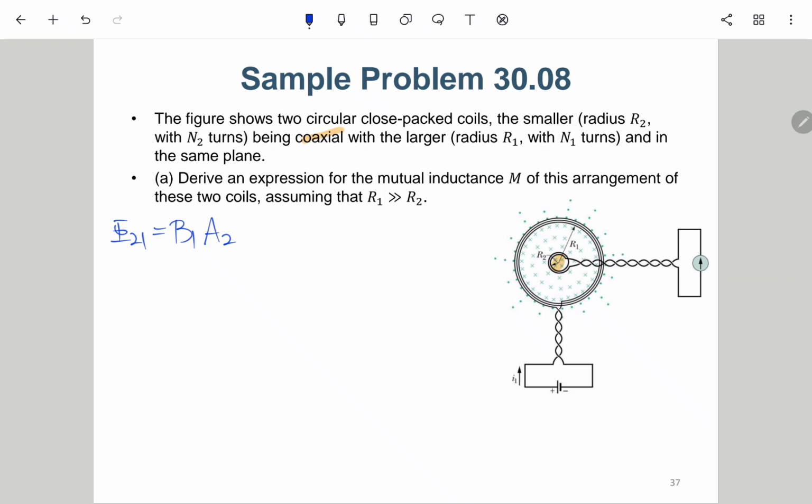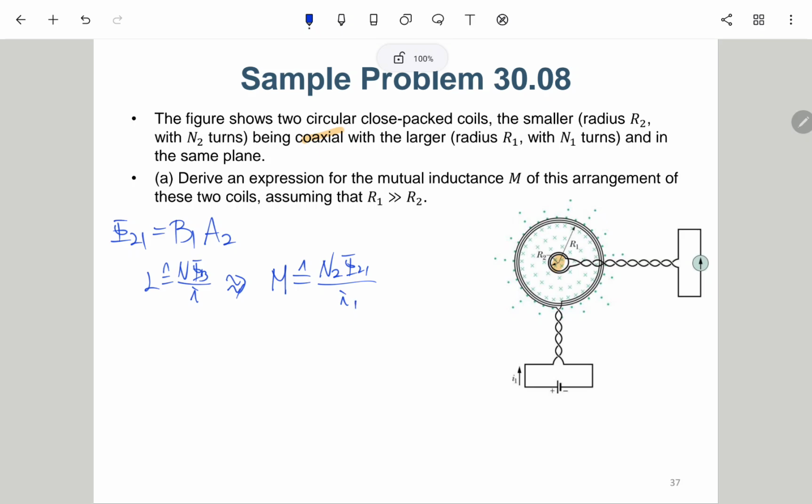Okay, so originally we have L is N times phi B over I. If we turn it into the mutual inductance version, M will be N2 and then phi 21 and then I1.